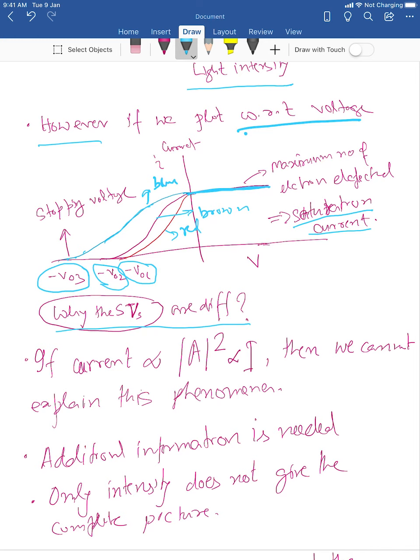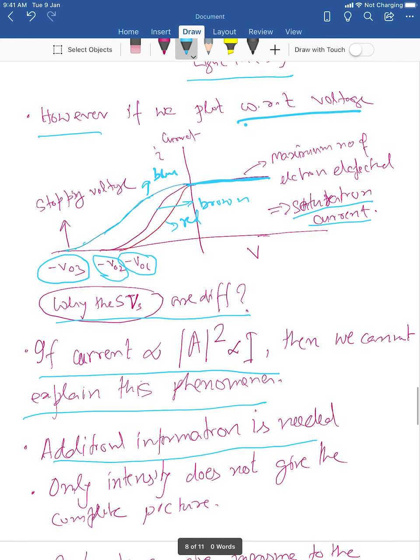Now we are seeing a reverse kind of phenomenon, that the current, which is proportional to the amplitude or intensity, cannot explain this different stopping voltage. So additional information is needed, and intensity alone cannot give you the complete picture. There is something else going on.